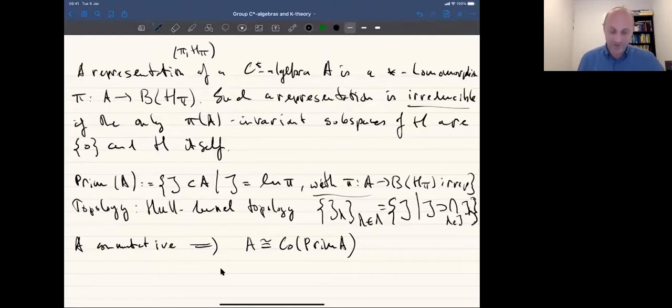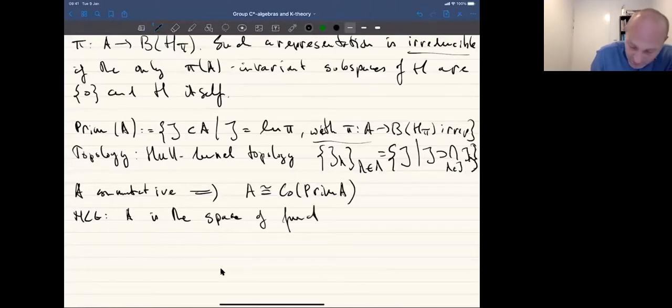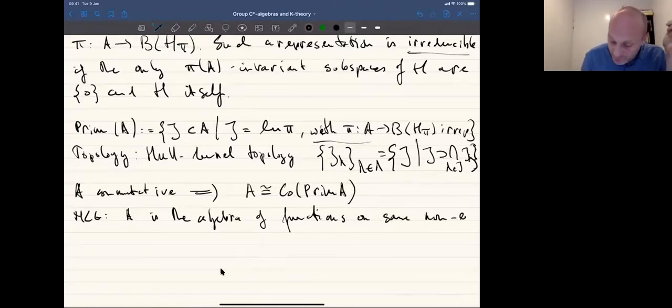So the philosophy of non-commutative topology and non-commutative geometry is that A is the algebra of functions on some non-existent topological space.